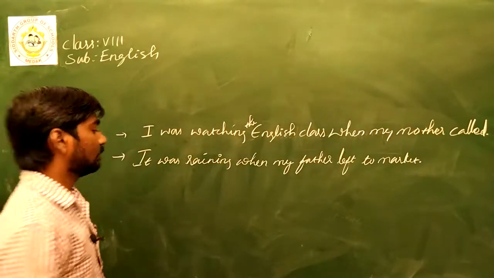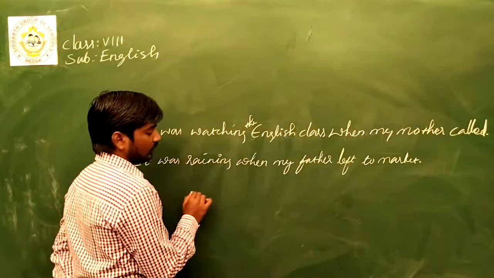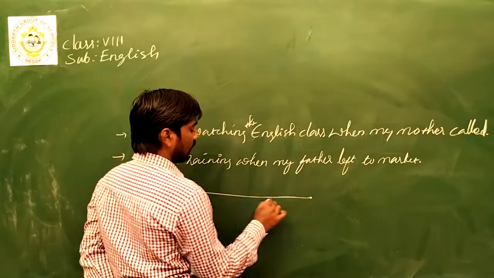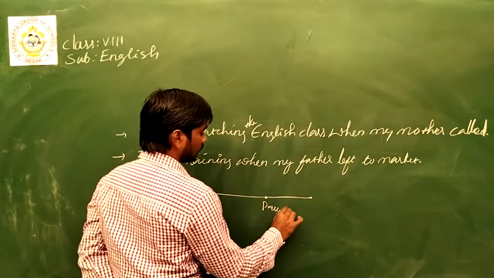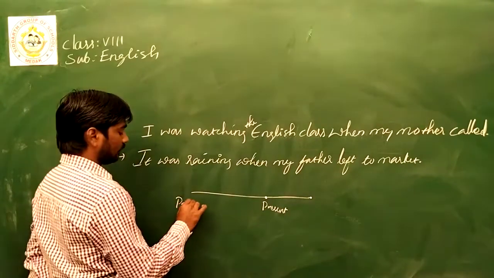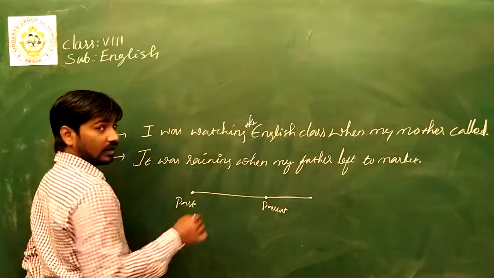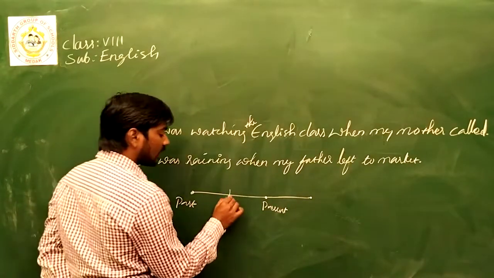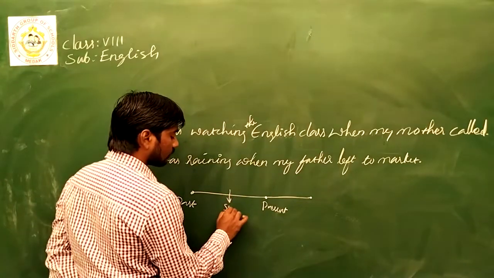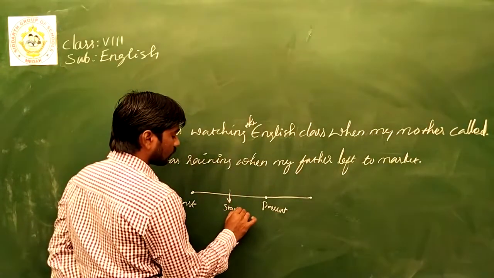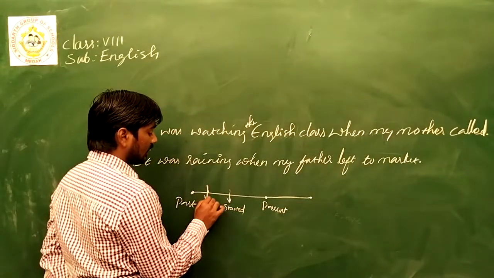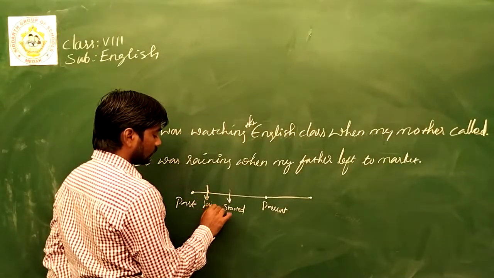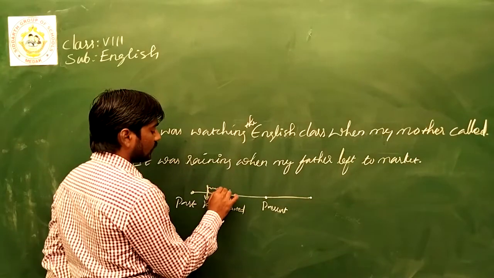See here, example, children. So here, this is a timeline. We know this timeline. So this is the past. Here father started, and already here rain started. It was going on.